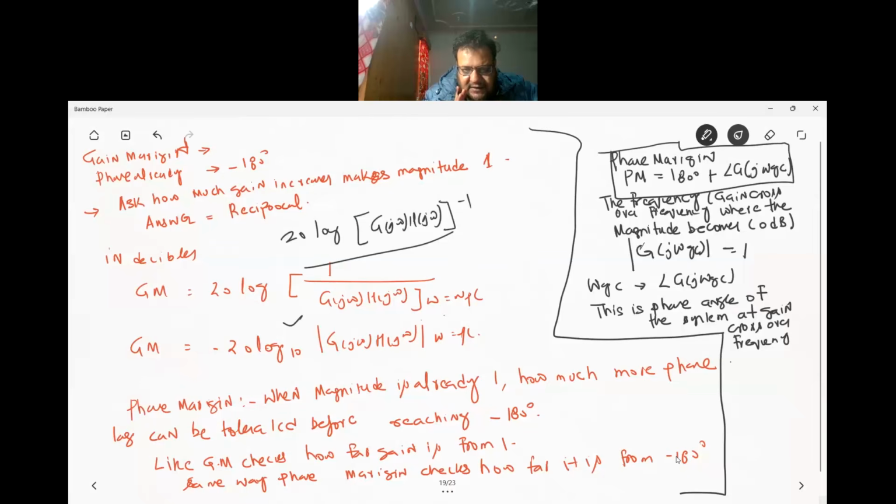And when this gain crossover frequency hits your phase angle plot, if it is hitting it above minus 180 degree, then we say it is a positive phase margin. And if it is hitting it below minus 180 degree, then we say it is a negative phase margin. So in phase margin, when magnitude is already 1, how much more phase lag can be tolerated before reaching minus 180 degree?